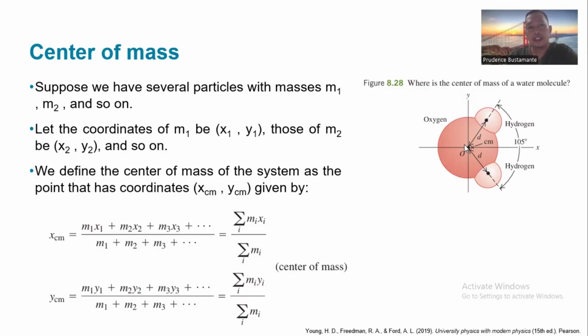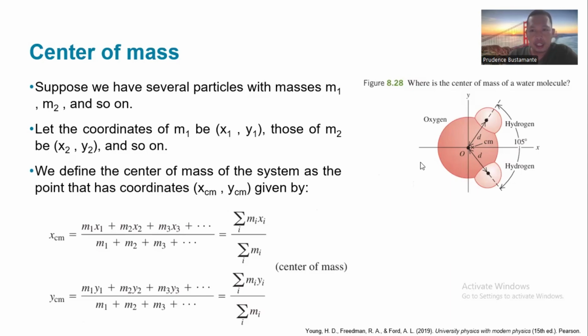So we let there be a system of many particles with positions. Then we define the center of mass of the system as a point that has coordinates x center of mass, y center of mass given by this equation.